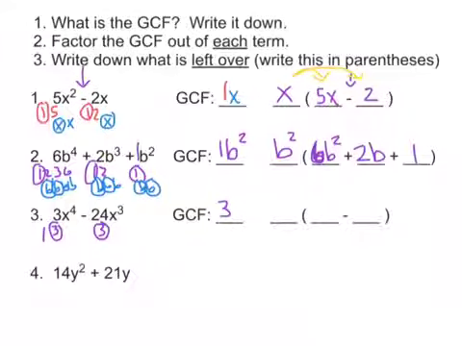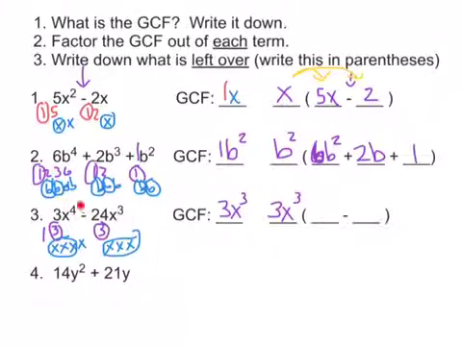So 3. And then I have, again, x to the 4th and x to the 3rd. So if I expanded those, I'd have 4 x's written here, 3 x's written here. And we would know then that we could take how many of those and factor them out? Well, 3. I can take these 3 and factor them out, and these 3 and factor them out. So x to the 3rd would be part of my GCF. So 3x to the 3rd. So if 3x to the 3rd is my GCF, I can write that right there.